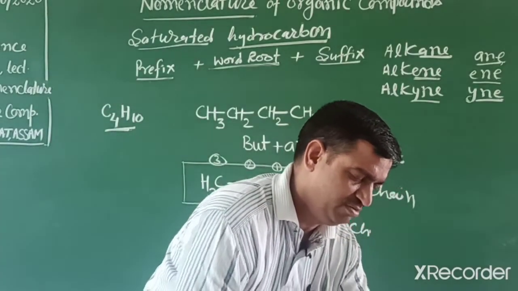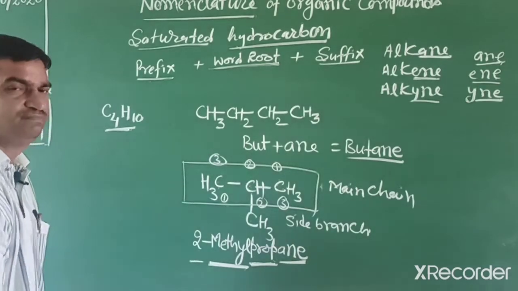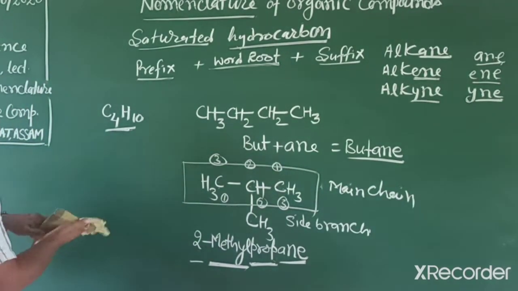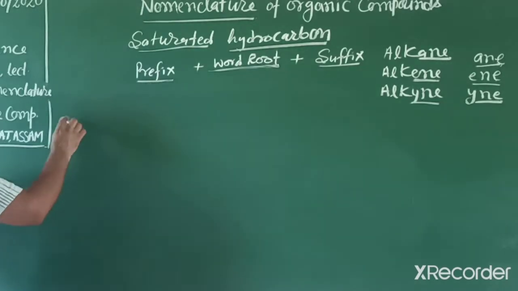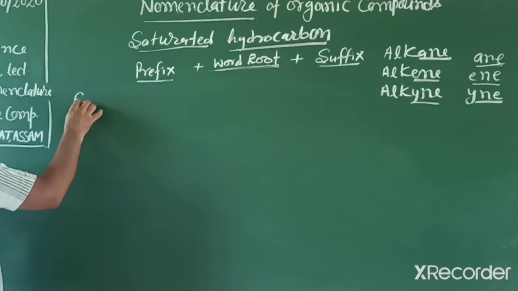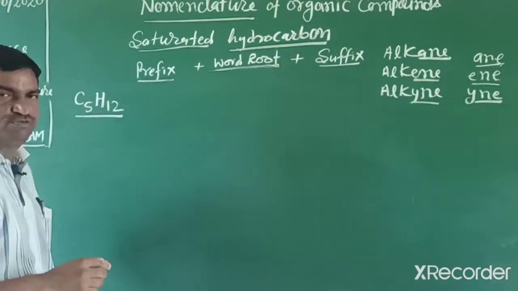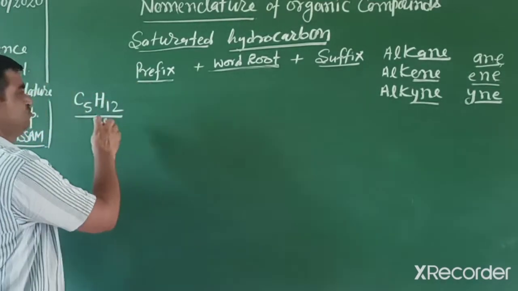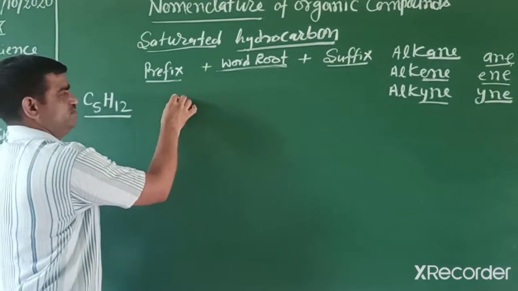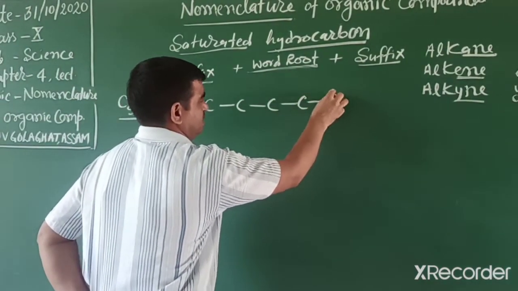Now we explain another compound example. Now students, take another alkane, that is C5H12. Earlier in isomers we wrote its 3 different isomers. So the first compound we make like a straight chain, meaning 5 carbon as a straight line.